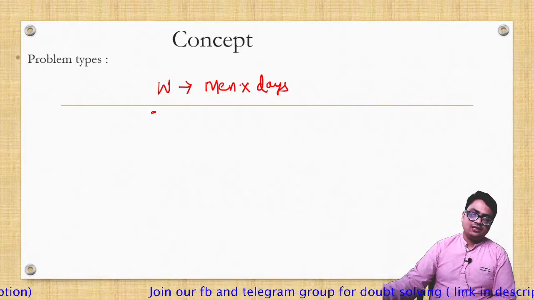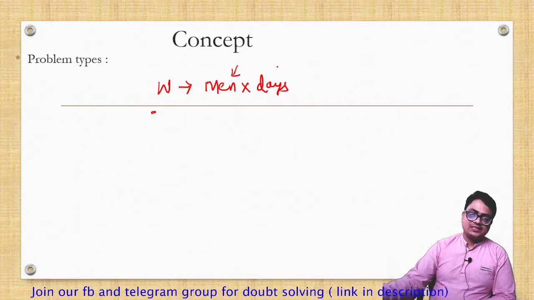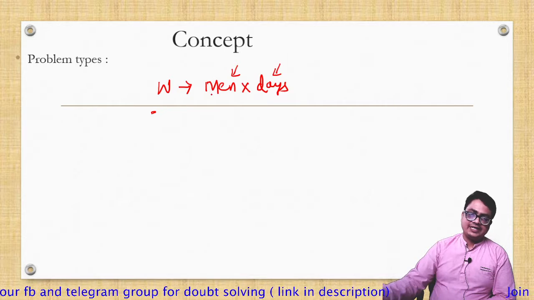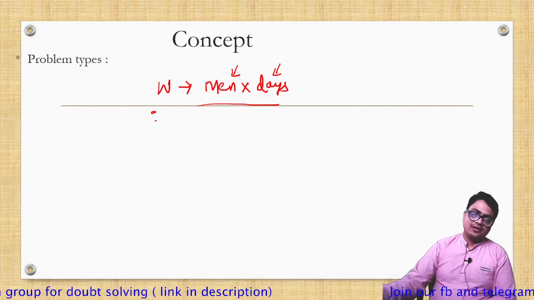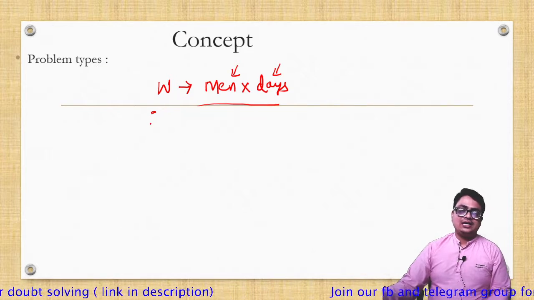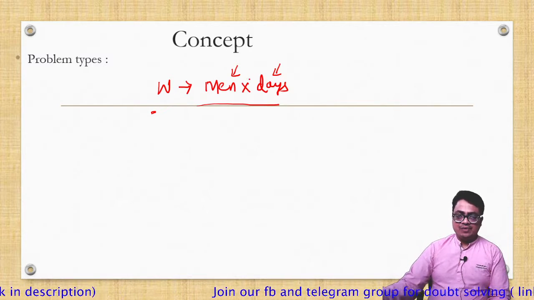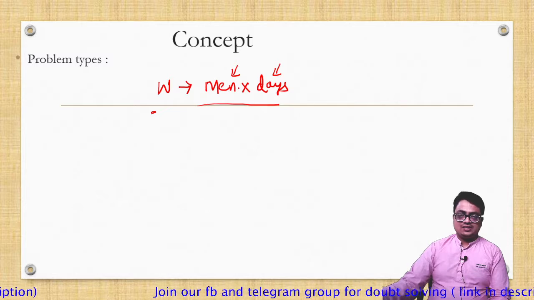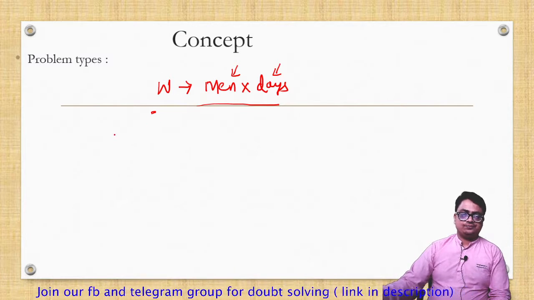So from here we can understand that work can be expressed in the form of man days. This is a unit for work. Later we will be doing problems using this man days concept, maybe in the subsequent videos.